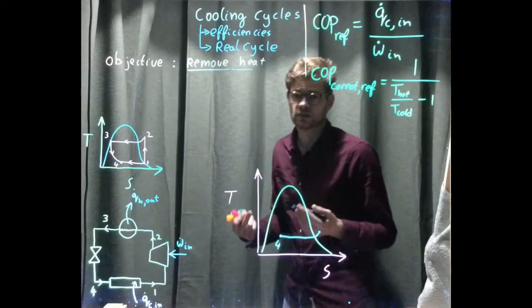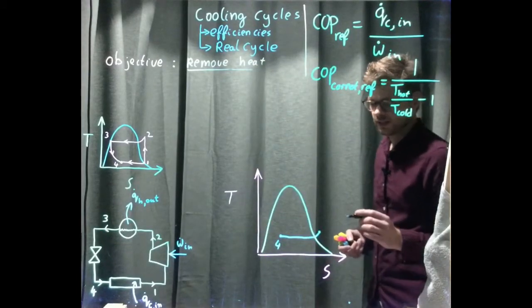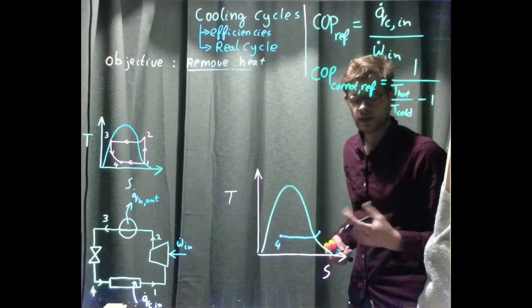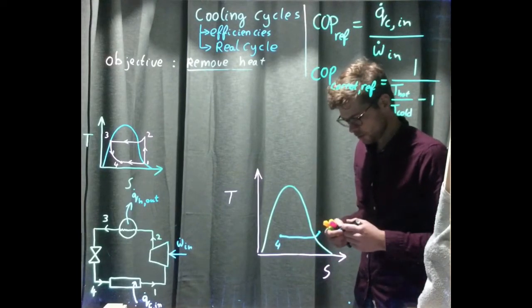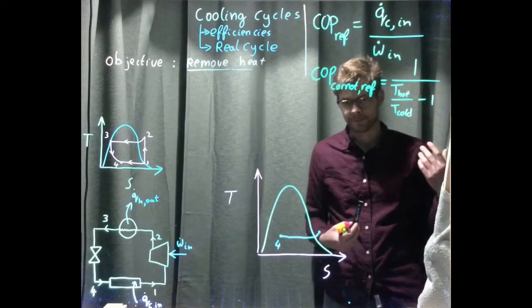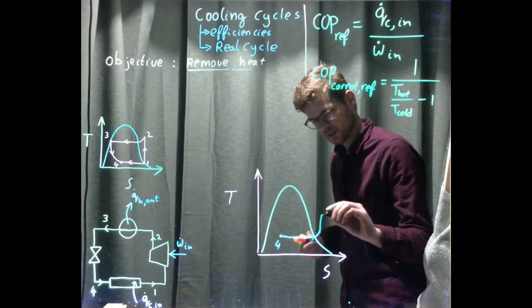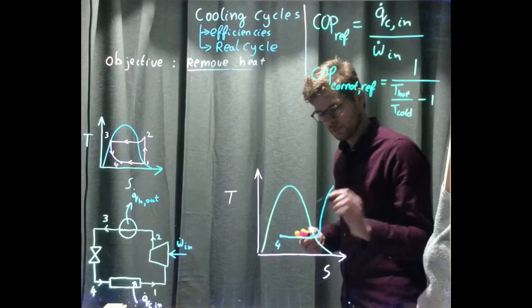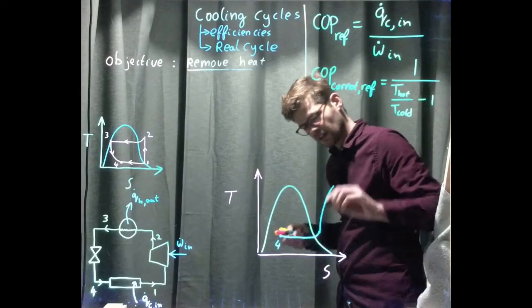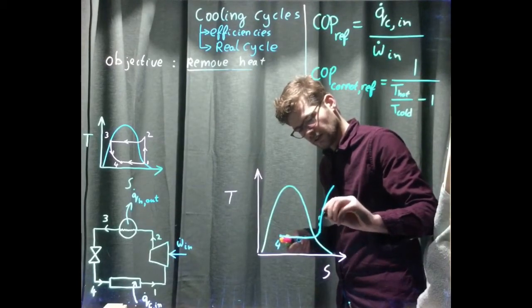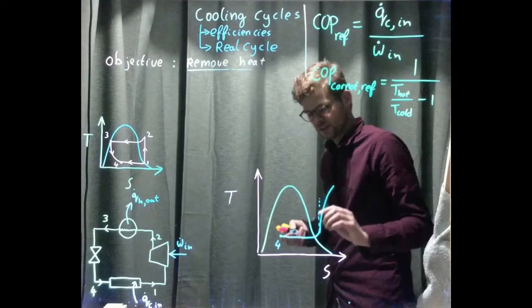Of course, in a real cycle, the compressor won't be isentropic, so we'll have a bit of a bend in our curve, whereas in an ideal cycle, of course, this is isentropic.